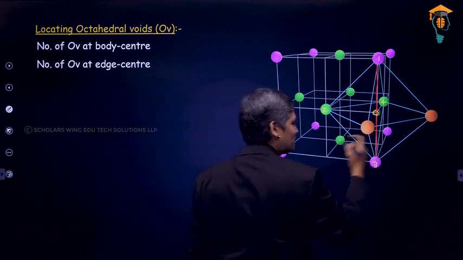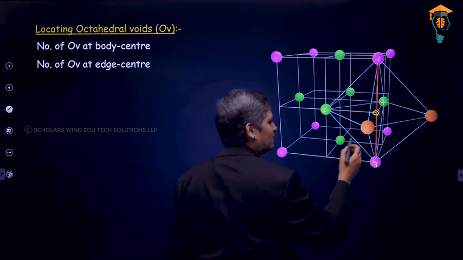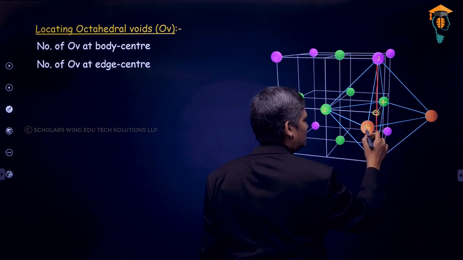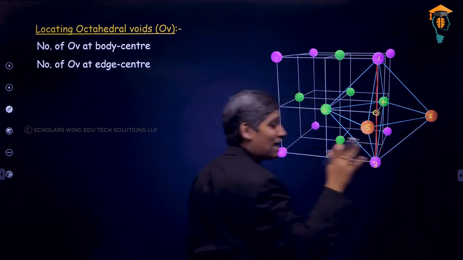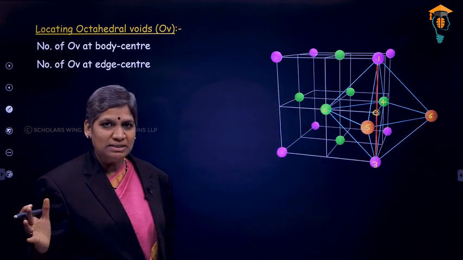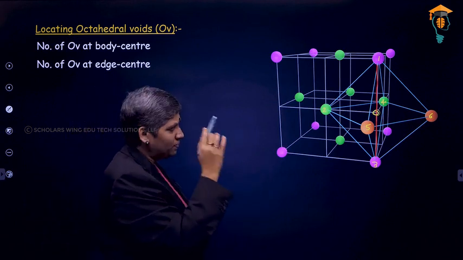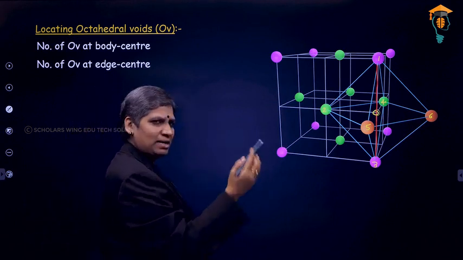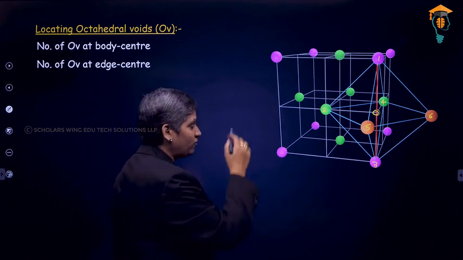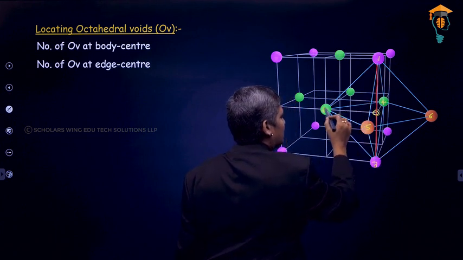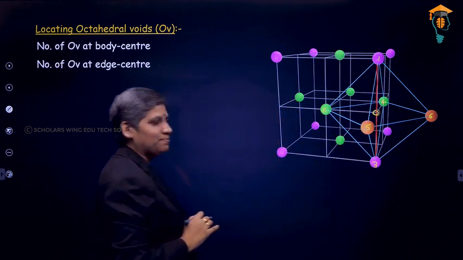Whereas these two fellows, the orange spheres, just to differentiate, we have given that set. So these two belong, it is 5 and 6, to the adjacently placed unit cells. Okay, so 4 from this unit cell and 2 from the adjacent unit cells. Okay, but out of the 4, 2 are at the corners and 2 are at the face centers.